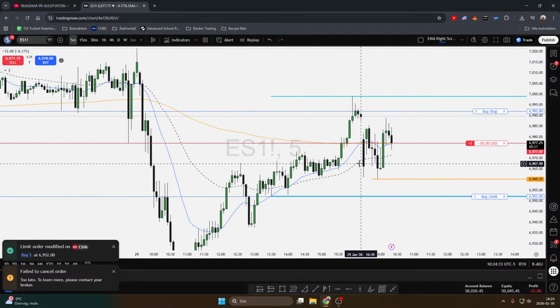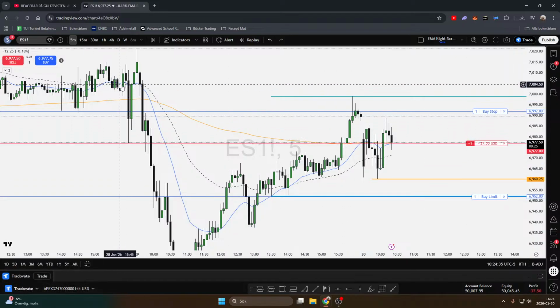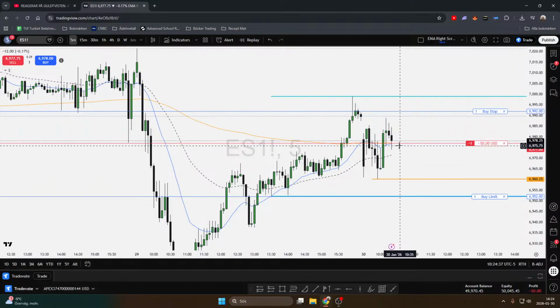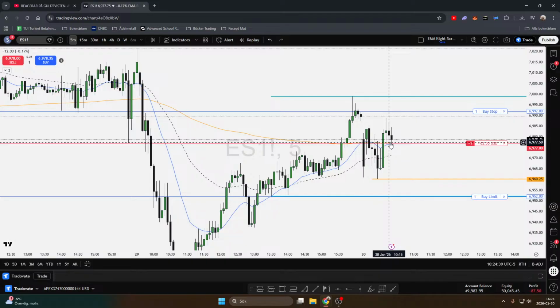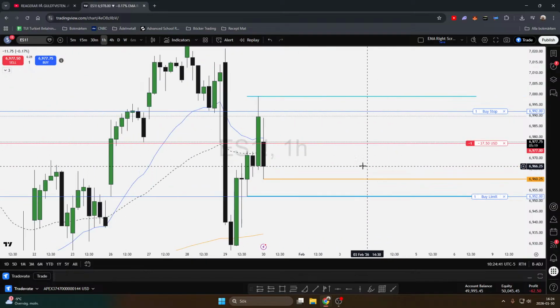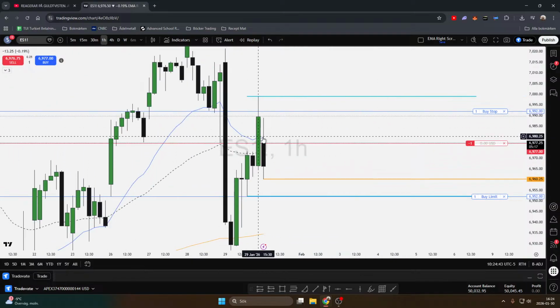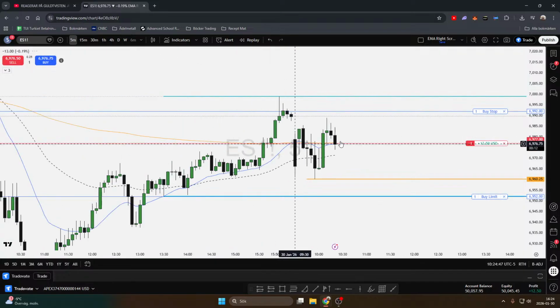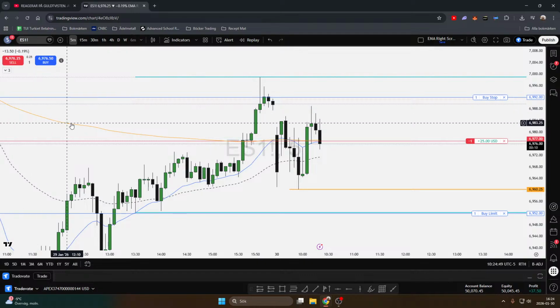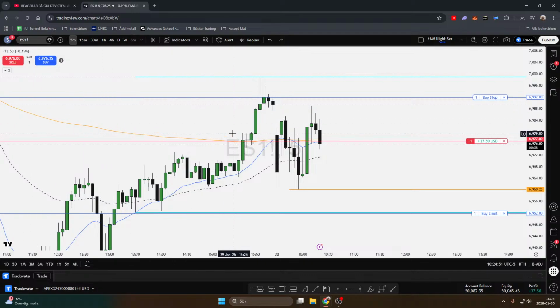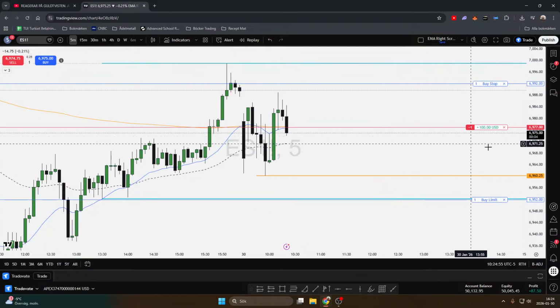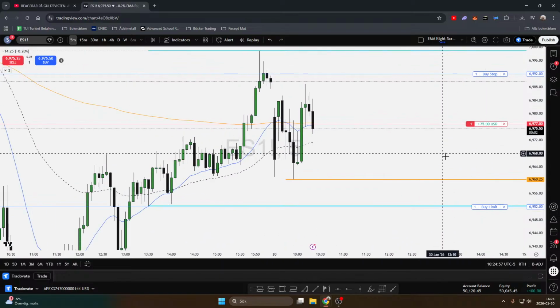Right now we are in a difficult position because we are at the 220 EMA, which is the 1 hour 20 EMA. As you can see on the blue line here, that's the 20 EMA. And looking at the 5 minute here, the 220 is the same data as the 1 hour 20 EMA.